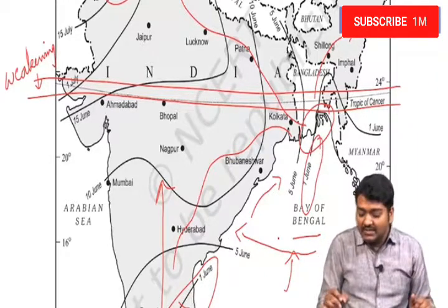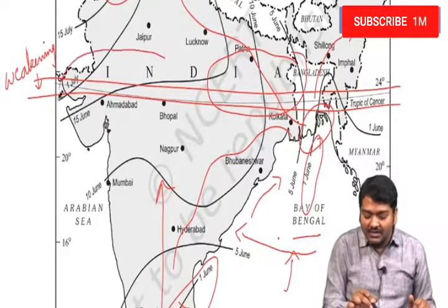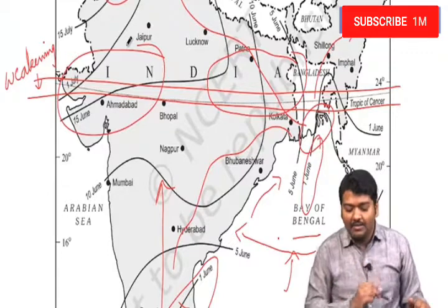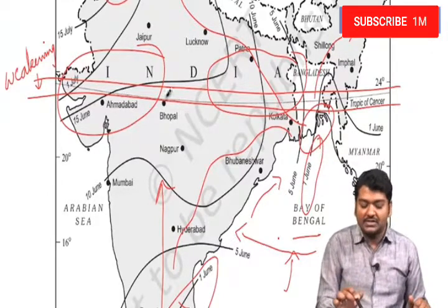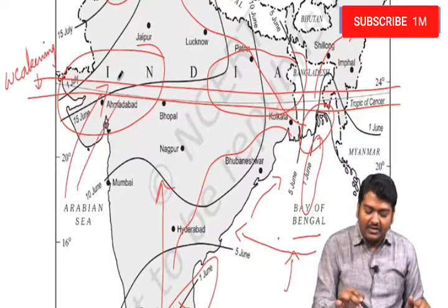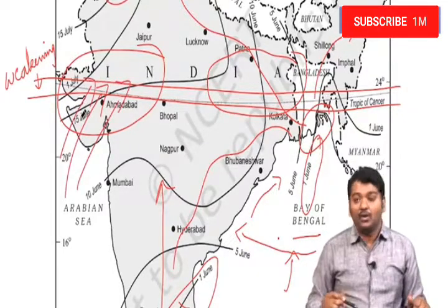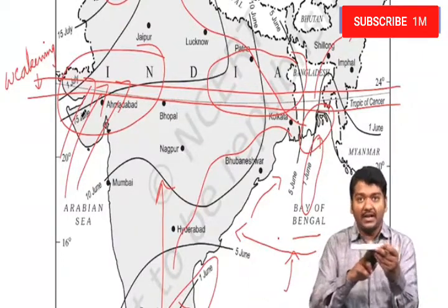See guys, you might have heard of floods in Patna, floods in Gujarat. That is mainly because low pressure is developed here or here. So because of this, moisture laden winds blow from the Arabian Sea. Just imagine you have a low pressure area, correct?